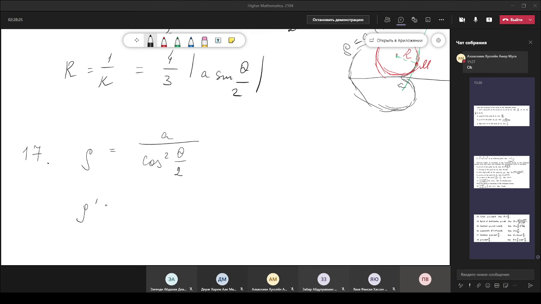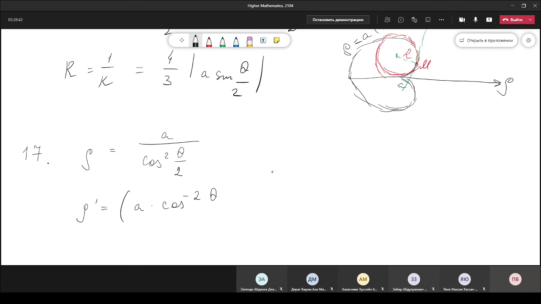Rho prime, it was times cosine with power minus 2. A constant, power minus 2.